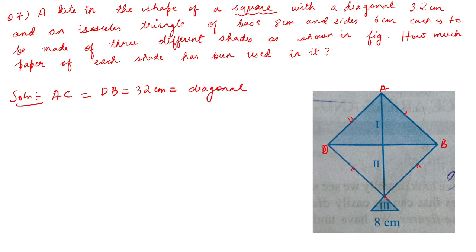Now we have an isosceles triangle of base 8 centimeter and sides 6 centimeter each. Now listen to the question. What is an isosceles triangle? If you remember, an isosceles triangle is a triangle with two equal sides. Clear? Now the base is given as 8 centimeter. Read the question. And sides 6 centimeter each. They have mentioned the word sides here.